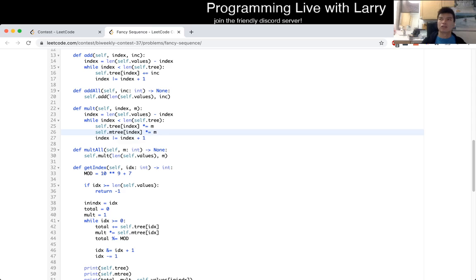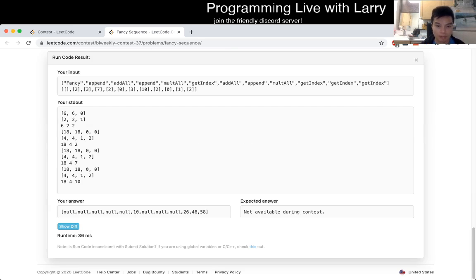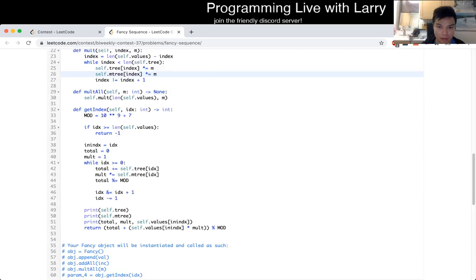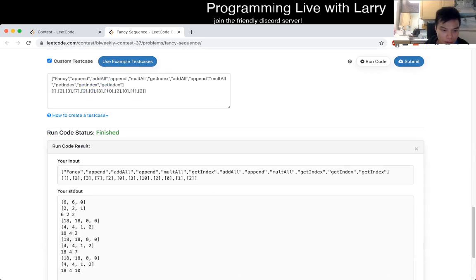That's the impact of 0. I want this to be a 2. Right? Is that right if this is a 2? I don't think so actually.